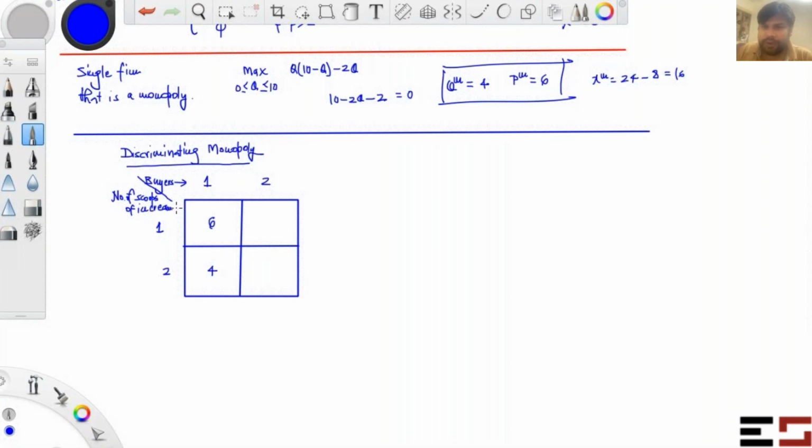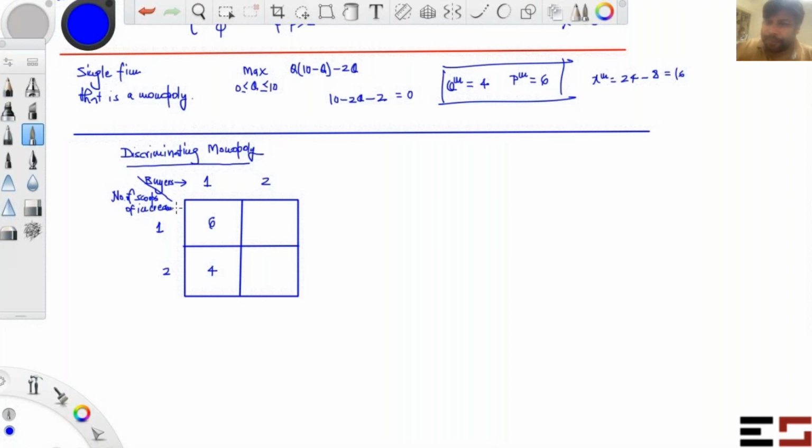So if the first scoop costs more than 6, he's going to say, I don't want it. And if it is exactly 6, then he'll be indifferent between buying 0 scoops or 1 scoop.